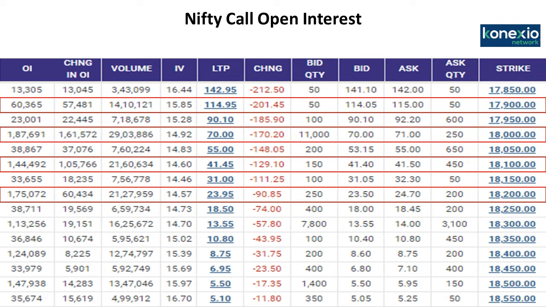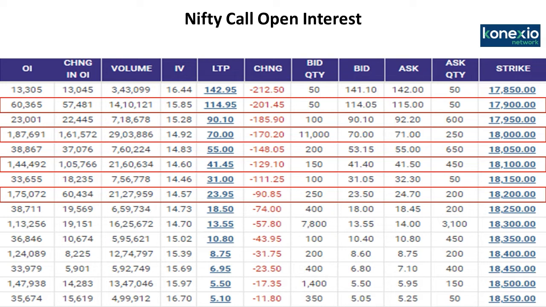Now here you can see there has been a rise in the open interest, there has been a rise in the volumes. Implied volatility is between 14.57 to 15.85, but there has been a significant drop in the option premium. Now this clearly indicates that the smart money has started strongly writing the out of the money Nifty calls.